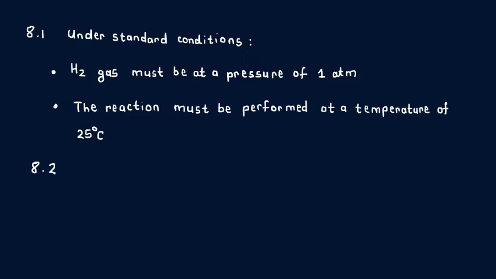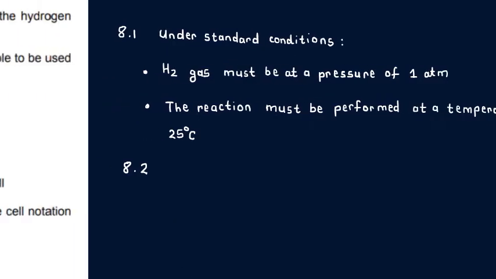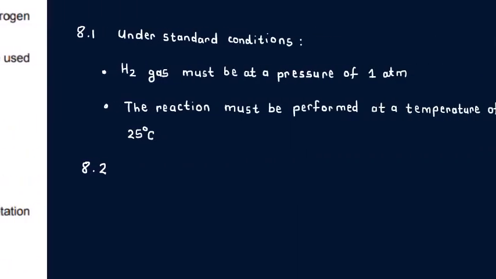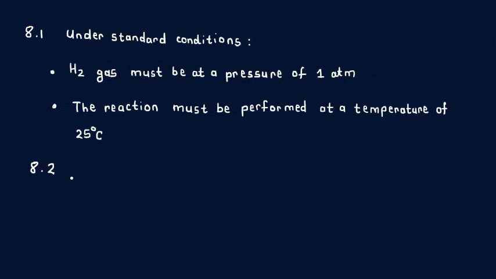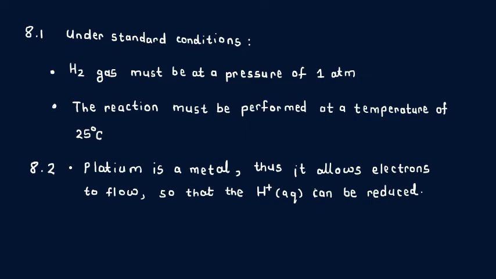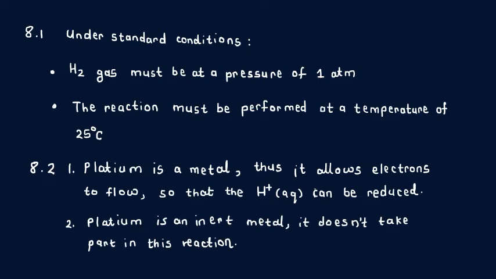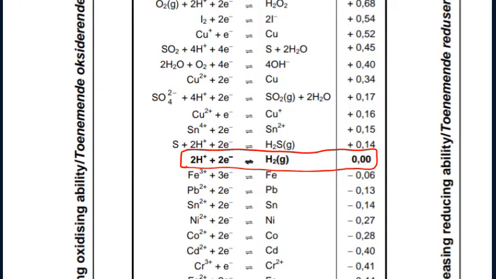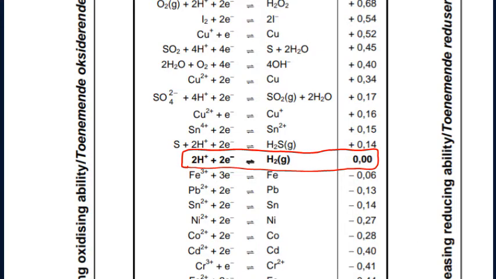Another reason that we use platinum, did they say 1 or 2 reasons? Let's just check. Okay, 2 reasons, so then we have to write down that first statement as well. So that's 1 reason. A second reason is because platinum is an inert metal, so it doesn't take part in this reaction. And we can also confirm that by looking at our table 4a.